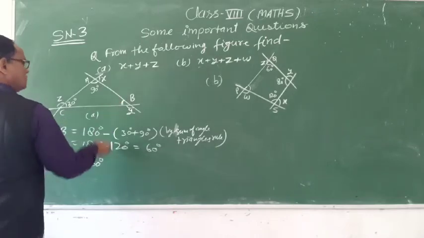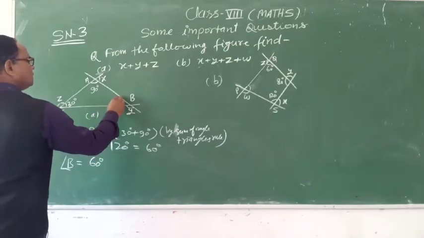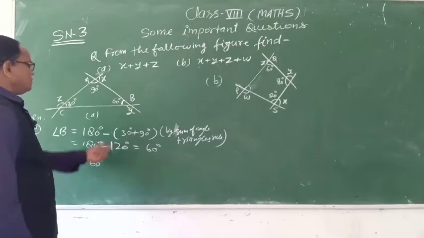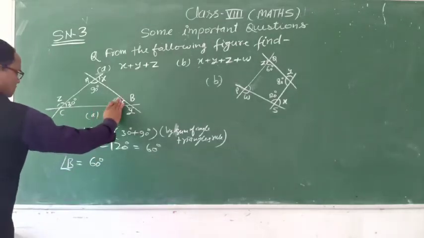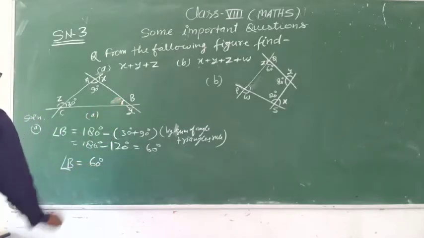Okay, thus the value of B is equal to 60 degrees.